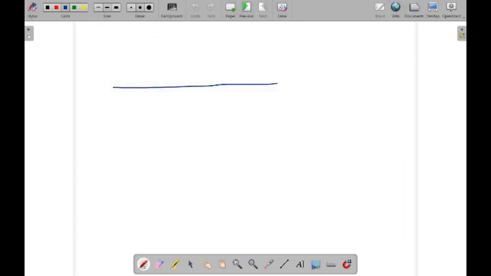If you draw the number line, you are getting 0 here, then somewhere here you are getting minus 167, and somewhere here minus 168, minus 169 and minus 170. These are the possible values.